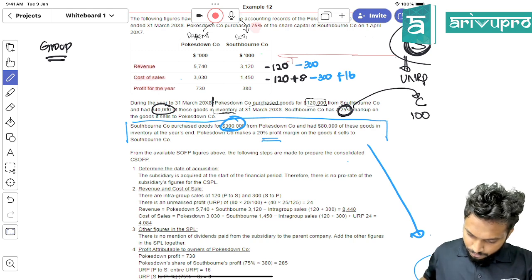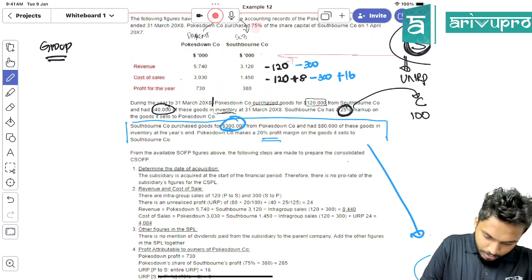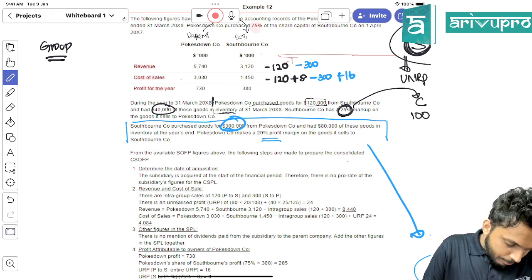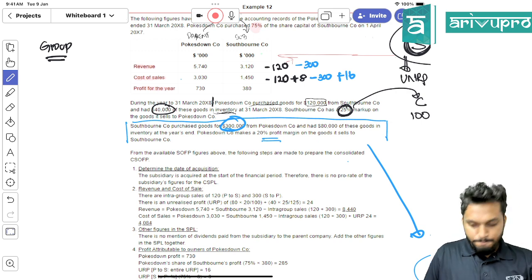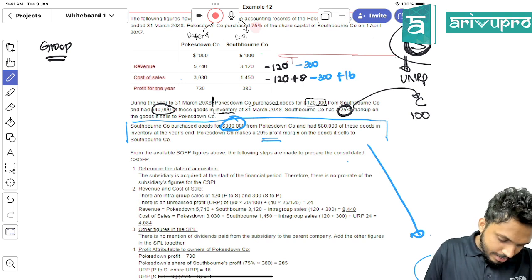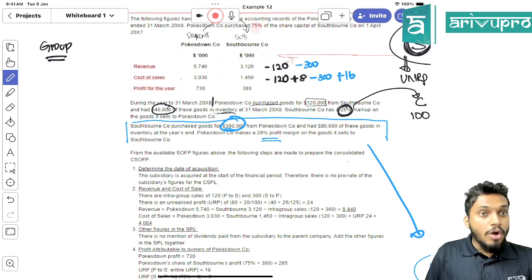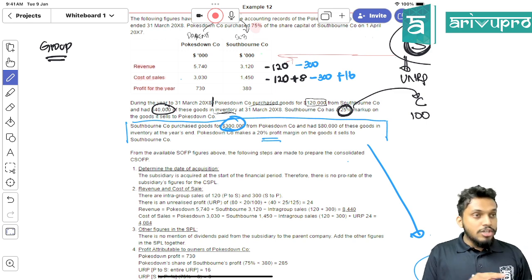When you are preparing the group, the total revenue is going to be, parent is making 5,740 and subsidiary is making 3,120.